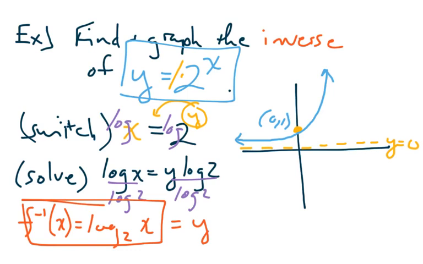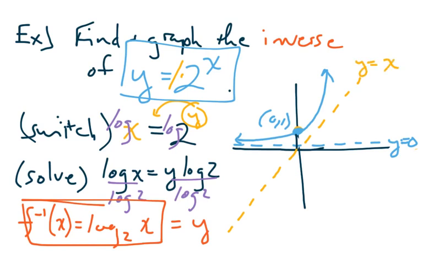Now, the story goes here that the log graph that we're trying to create is going to have to be the inverse. It's going to have to be the reflection. It's going to have symmetry across this line y equals x. And so if we don't know what the graph looks like, we can take the existing information, such as the point (0, 1), and we can switch that.